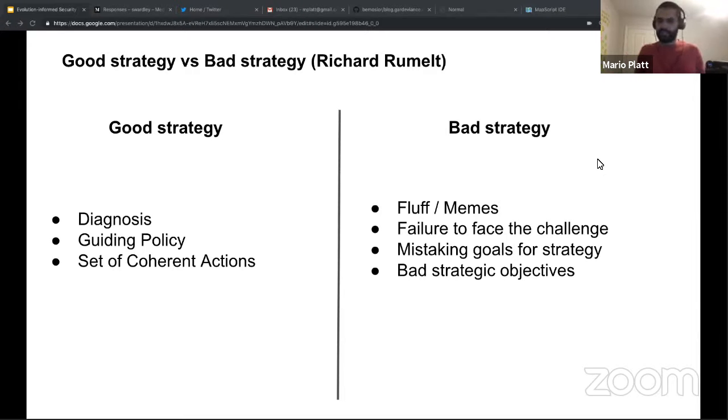And then it's about strategic objectives, okay, which can also be very related to following memes and focusing on the latest and greatest type of technology that came onto the market without fixing your basics first.